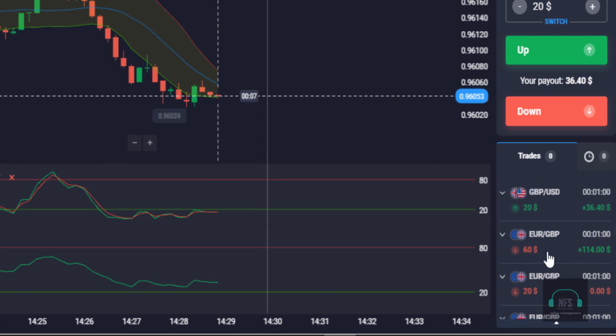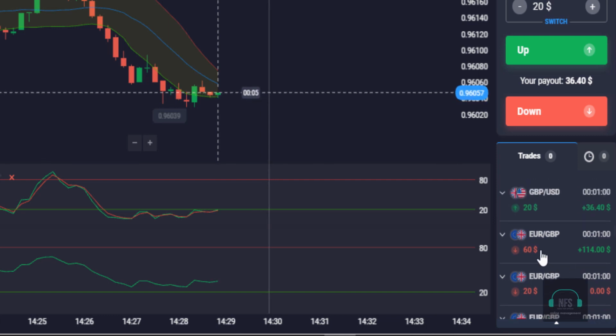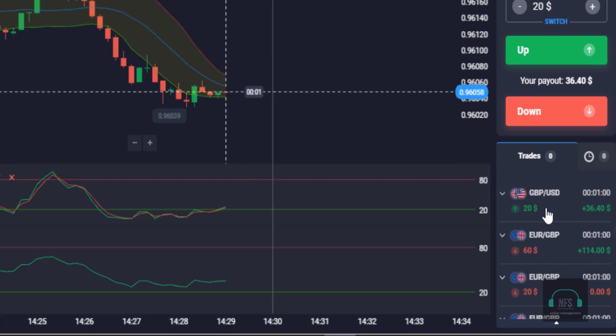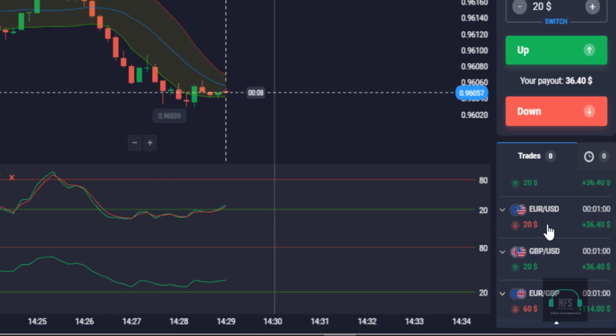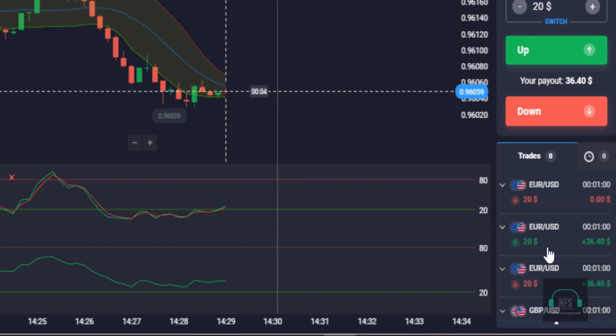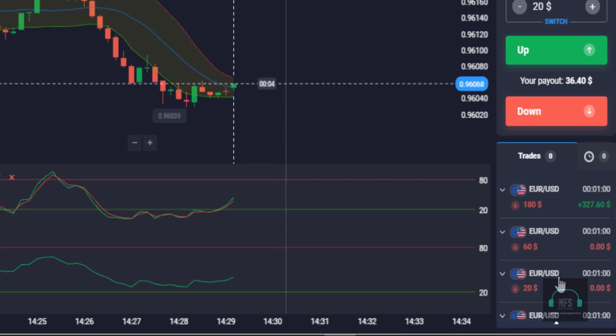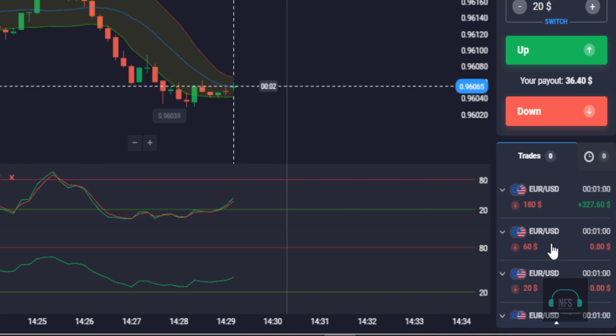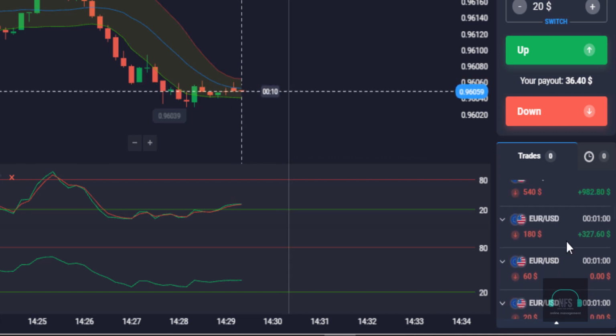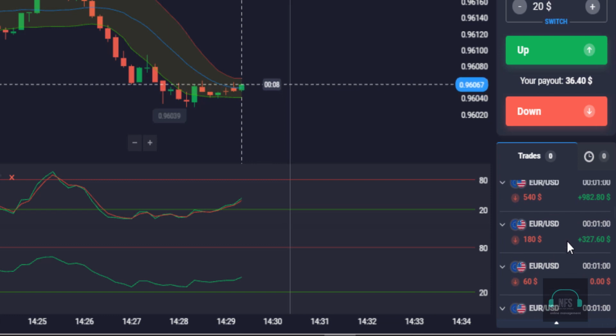Euro GBP winning trade, $140, $60 per trade. GBP USD, $20 winning trade. Euro USD, $20 winning trade. It was a sell. Euro USD, $20 a buy, a winning trade. Euro USD, a sell, losing trade, sorry, $20, then $60, and then $180 winning trade.